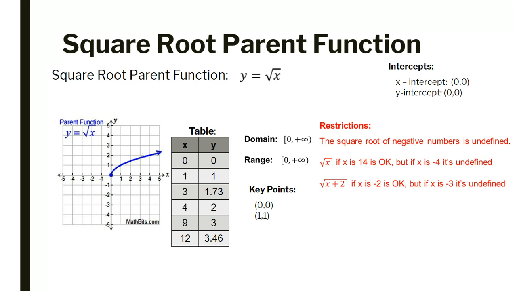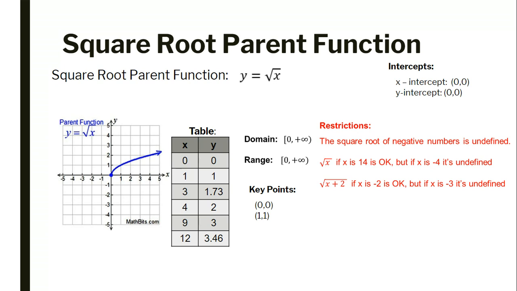Now, another example. What if we had the square root of x plus 2? Well, it would be fine to have x be equal to negative 2 because then x plus 2 is equal to 0, and the square root of 0 is 0, so that's fine.